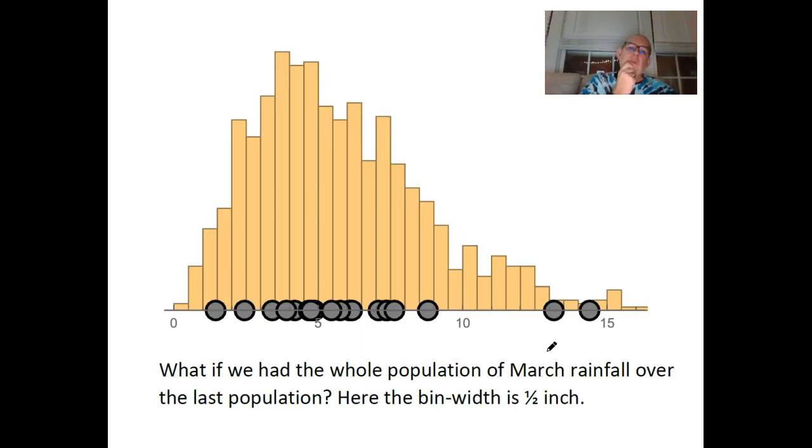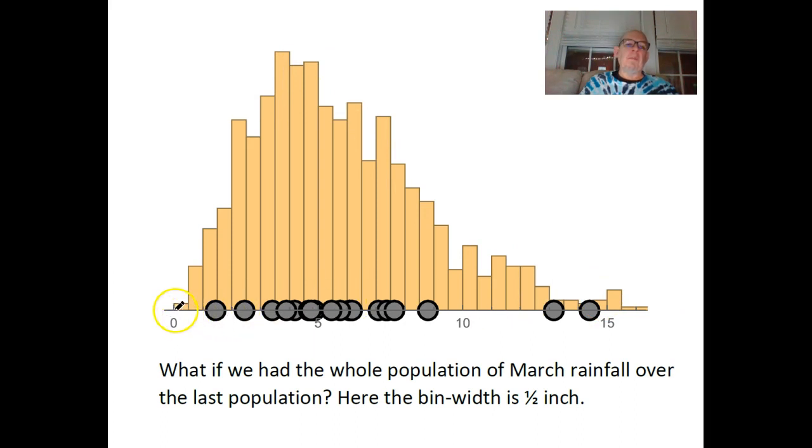Now, what I've done is I've illustrated here just on the line those 20 points, but I've gone ahead and plotted all rainfalls for every March over the last 1,000 years and made a histogram of it instead of plotting all those points. So there's a histogram of 1,000 values of rainfall, okay?